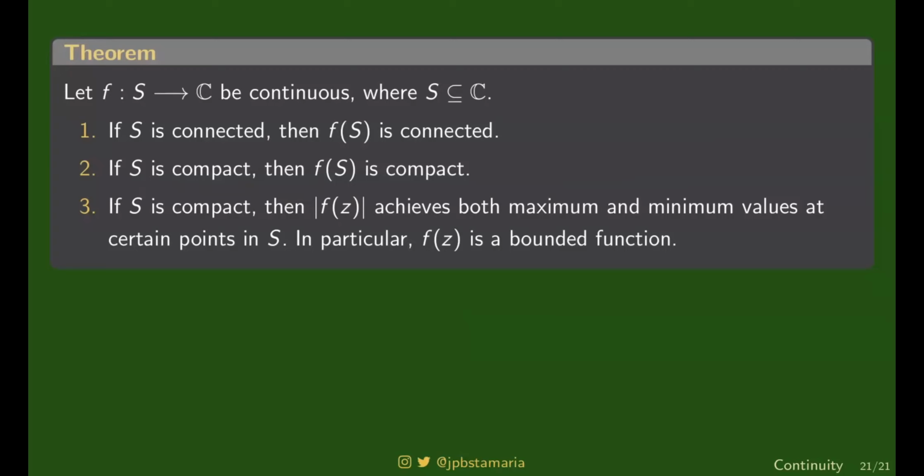Yung theorem number 2 ay yung pinanggalingan ng tinatawag nating extreme value theorem, no, that a real valued function with compact domain achieves a maximum and a minimum. Yung number 1 naman, yung connectedness na nakakapag-preserve ng connectedness ang isang continuous function.